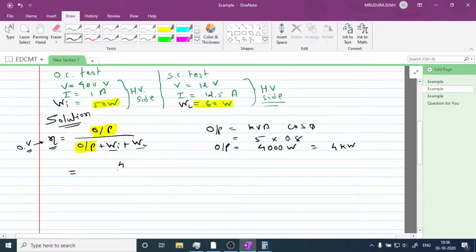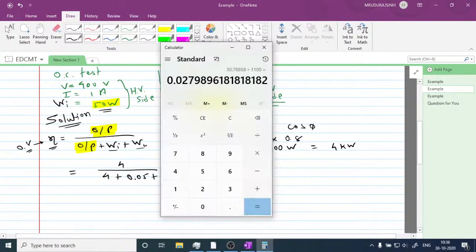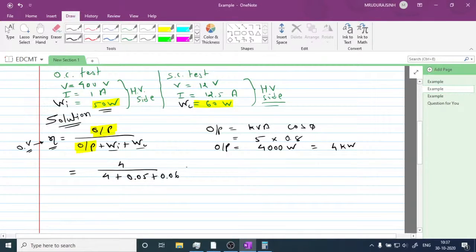Output is 4 kilowatt divided by 4 plus iron loss. Iron loss is 50 watt, right? So 50 is 0.05 kilowatt plus 0.06 kilowatt. So it's 4.1. So 4 divided by 4.1 kilowatt gives us 0.9756. And if we want to convert in percentage, we need to multiply it by 100.